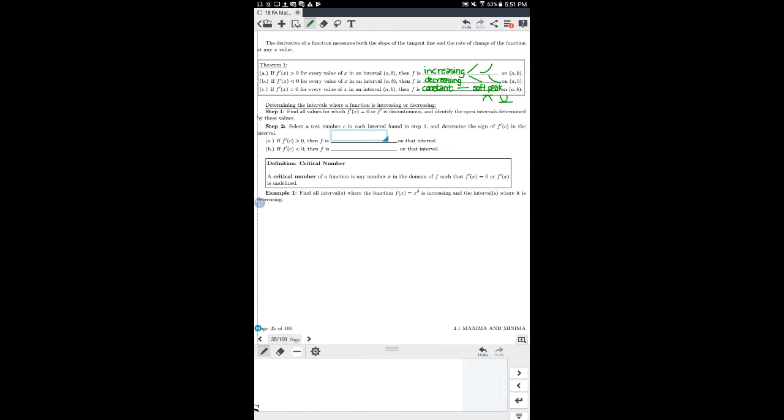When we test these intervals between, which is really making a sign chart, we want to remember that if we plug in a test value c and we get a positive derivative, the original function was increasing.